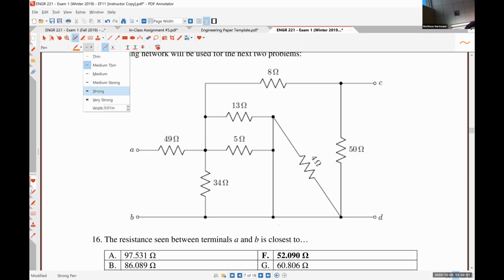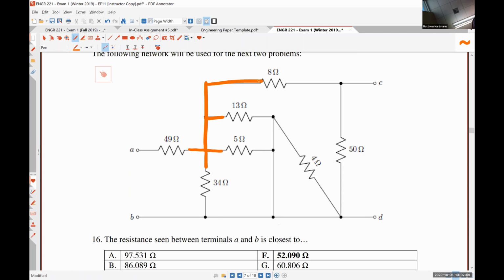All right, so that's one big node. Node C. Now we could hopefully see that B and D represent the exact same thing.